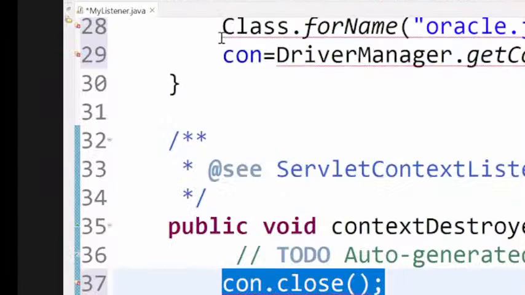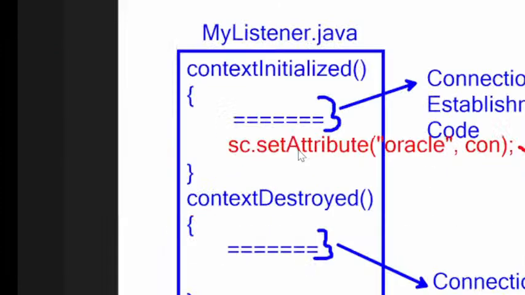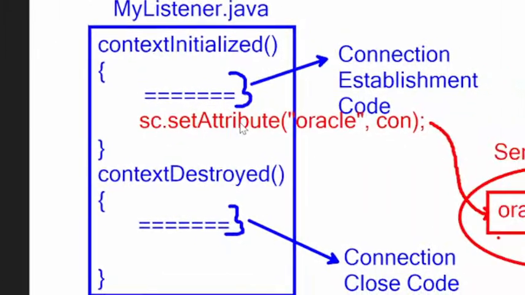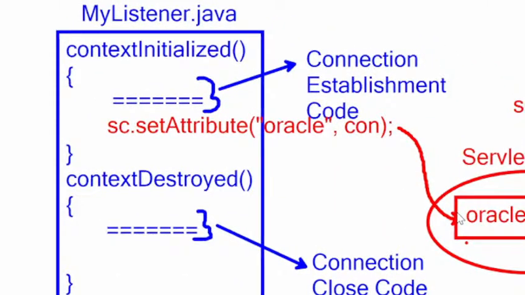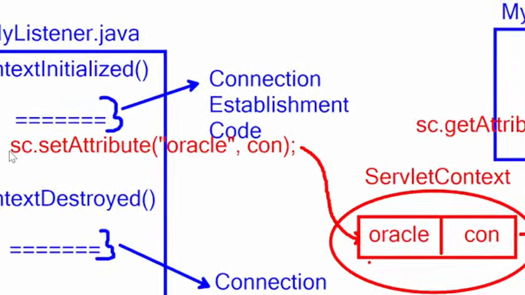Connection establishment code completed, connection close code completed. But this connection we have to pass to the context. To pass this connection to the context, the setAttribute method of ServletContext is required.